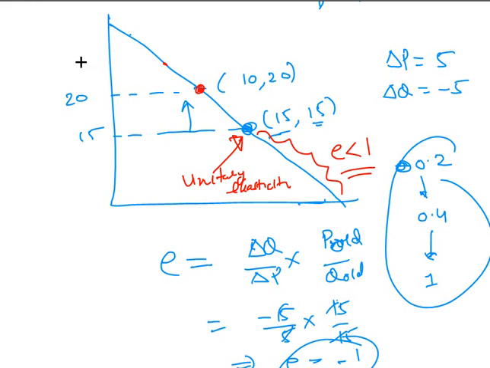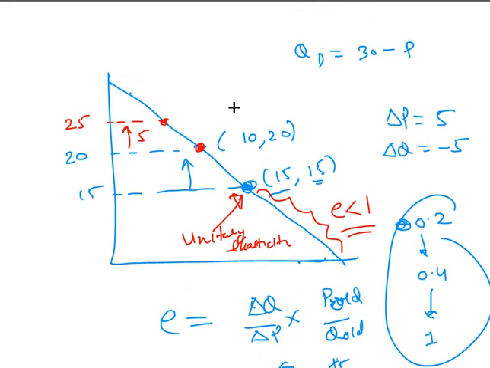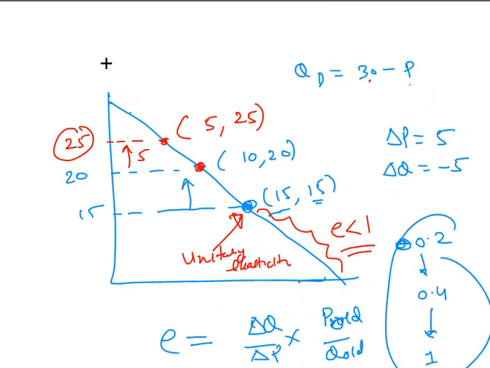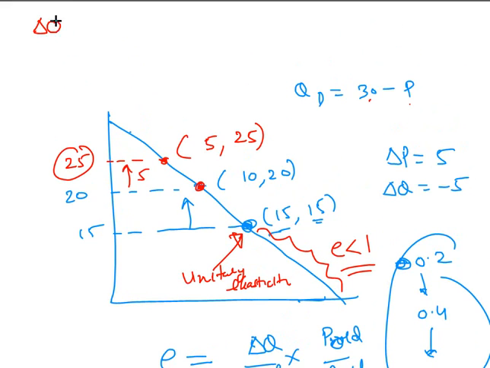Suppose you again increase the price by 5. The new price is 25, so the quantity demanded will be 30 minus 25, 5, and price will be 25, right? So the change in quantity remains the same, minus 5. Change in the price remains the same, plus 5.